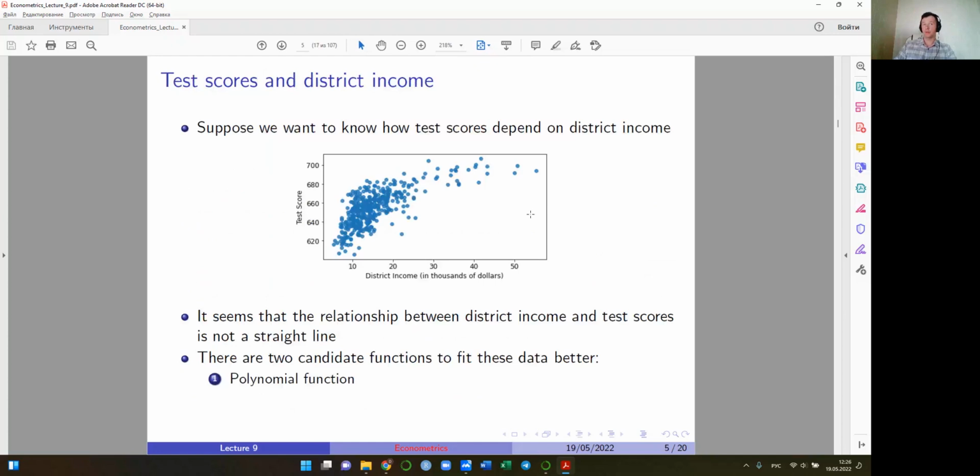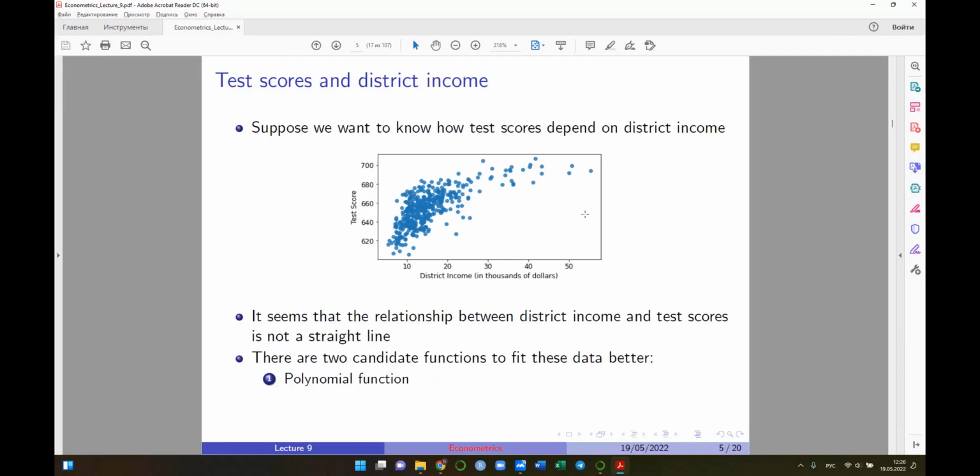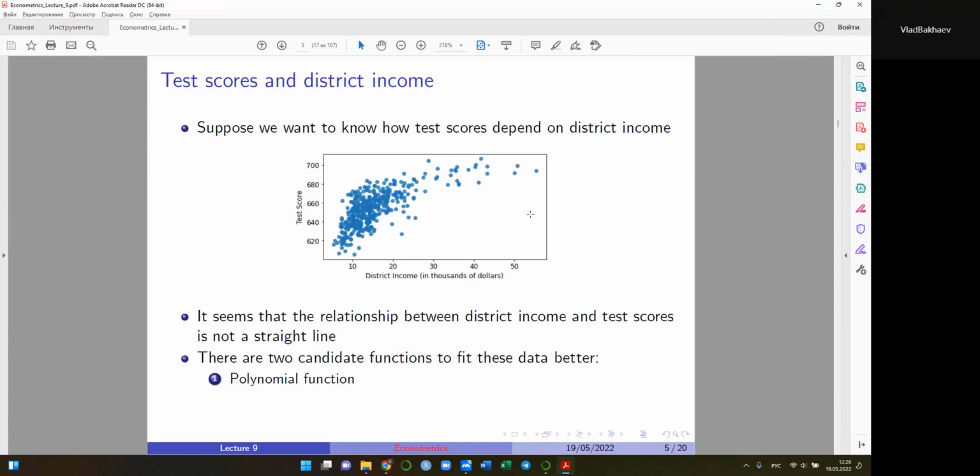And another possibility for this function is not related to the powers. Another function that might fit this data.